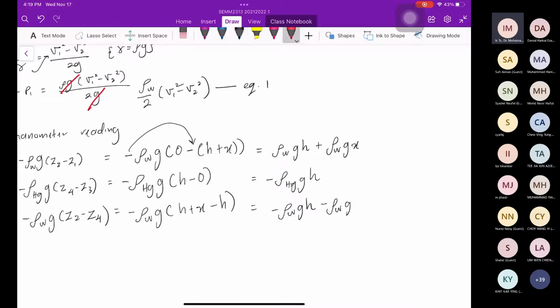Okay, this cancels. No need to expand. You will get negative rho water gravity X.